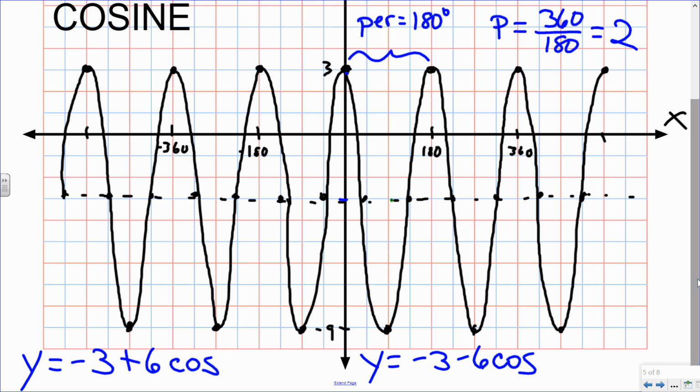We have figured out that we need the number 2 in front of the x for this one, so we can go ahead and put that number in for the change of period. Okay, shift for plus cosine.